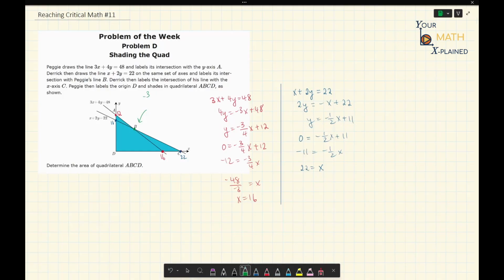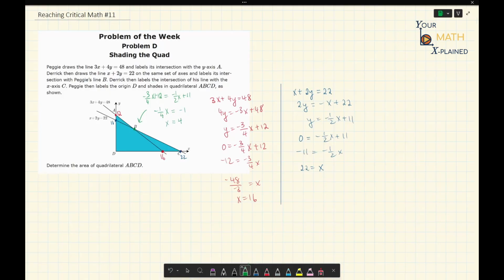We'll have negative 3 over 4x plus 12 equals negative 1 over 2x plus 11. So grouping the x terms onto the left side, we'll get negative 1 over 4x equals negative 1, and then multiplying both sides by negative 4, we know that x is equal to 4.